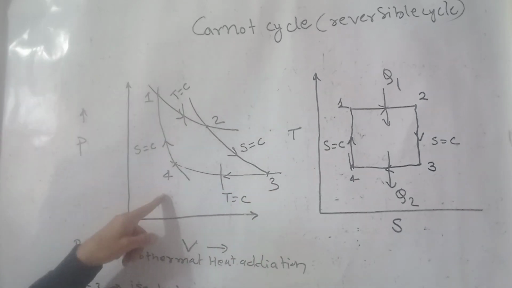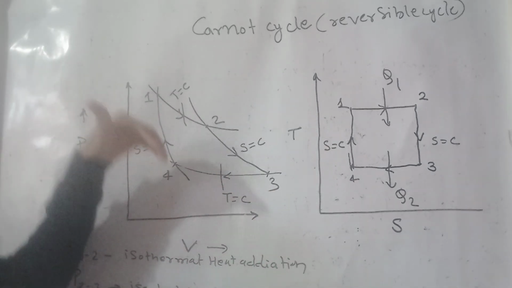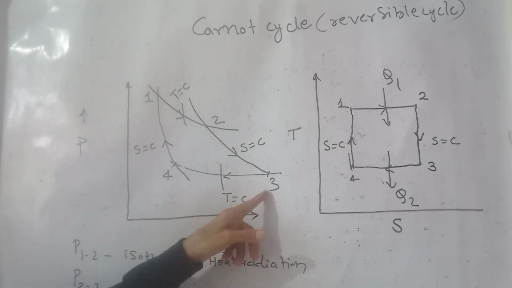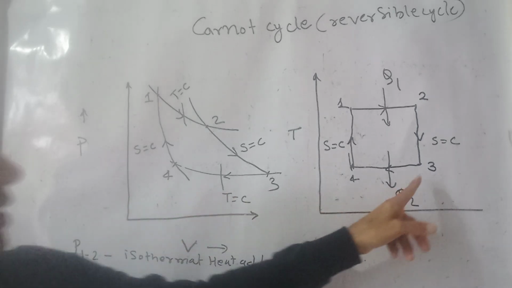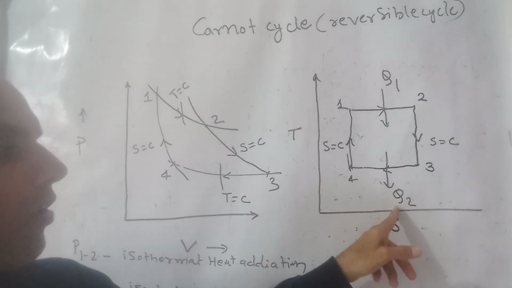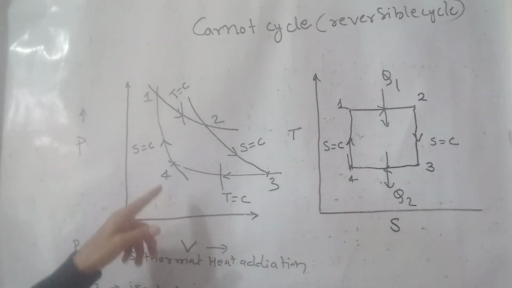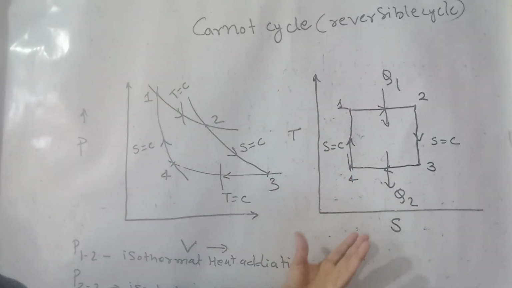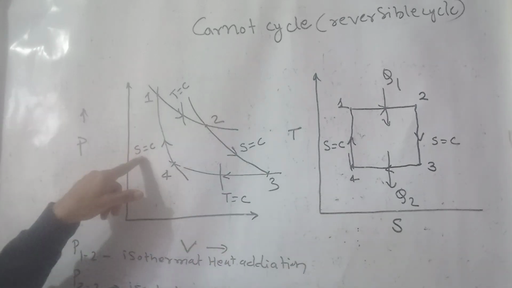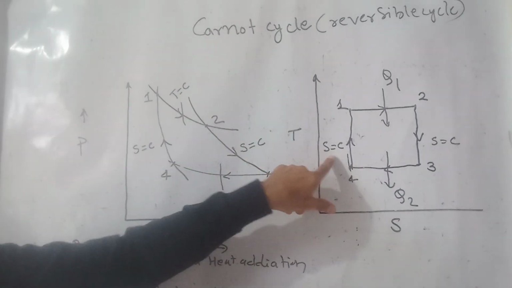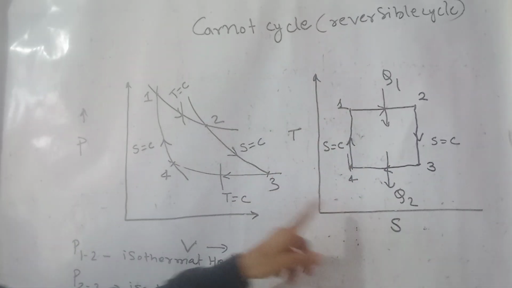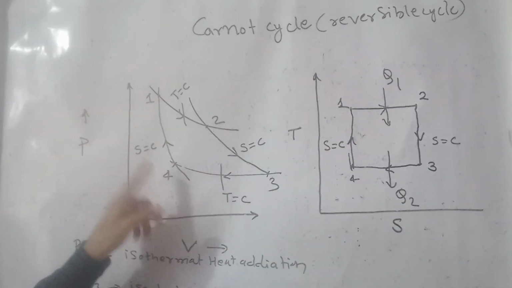Then 3 to 4 is an isothermal heat rejection process, represented in the PV diagram, and in the TS diagram also heat gets rejected. Now 4 to 1 is the isentropic compression process which goes along constant entropy, represented on the TS as well as the PV diagram.